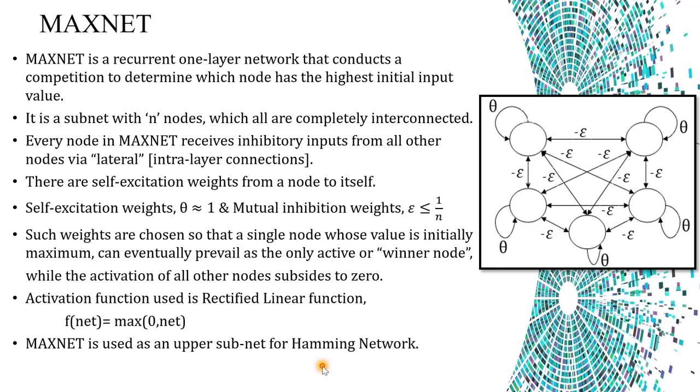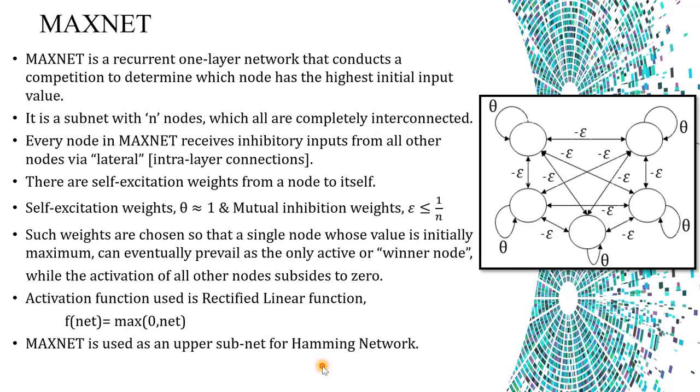That particular output has to be maximized and the rest of the outputs have to become 0. The output of a Hamming network can be given as the input to the maxnet, and the combination of both networks is called the minimum HD classifier, that is, the minimum Hamming distance classifier, made up of a Hamming network and a maxnet.